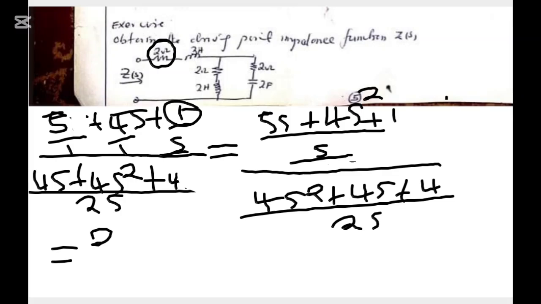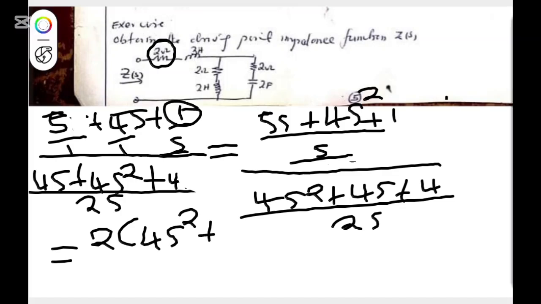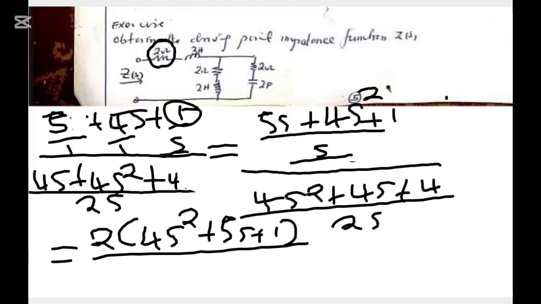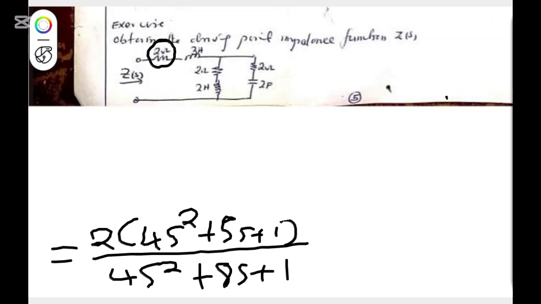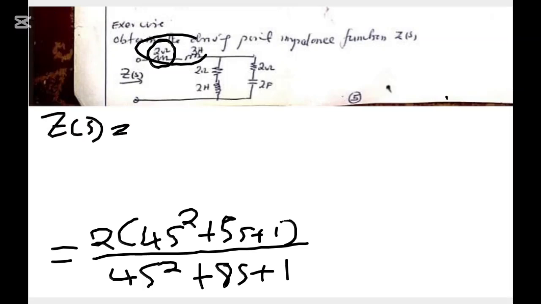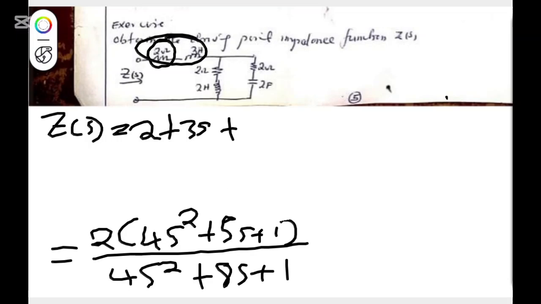So the next thing that I'm going to do here is that if I divide, this is the same thing as saying 2 bracket 4s squared plus 5s plus 1, and then divide it by 4s squared plus 8s plus 1. So then I have to say the z s will now be, I have to add this, and then I will say 2 plus 3s plus this.